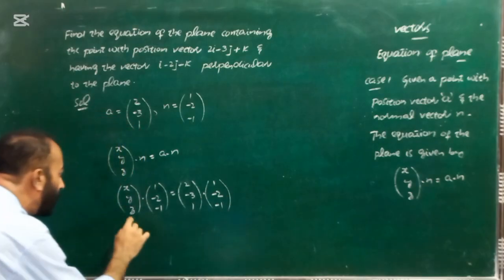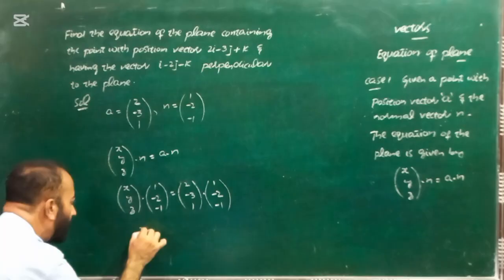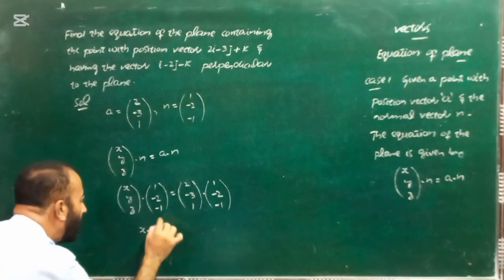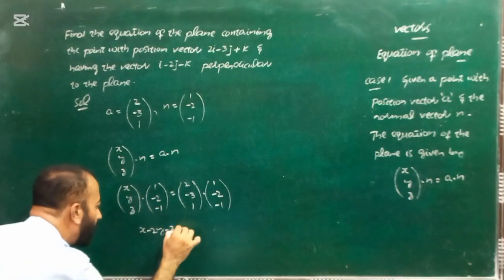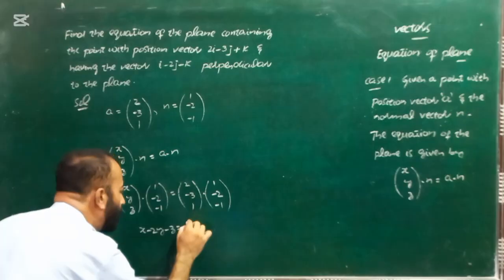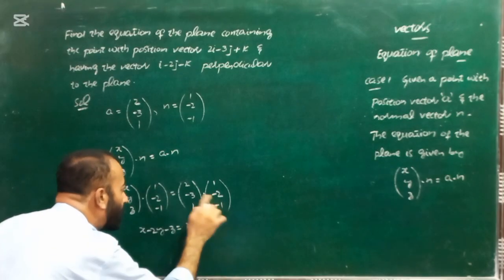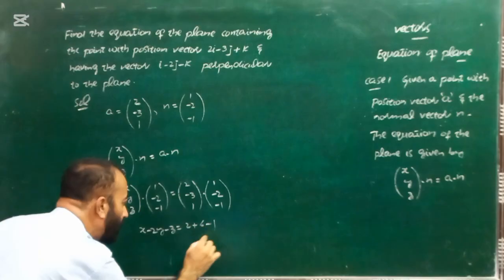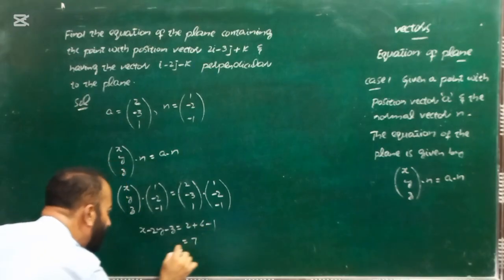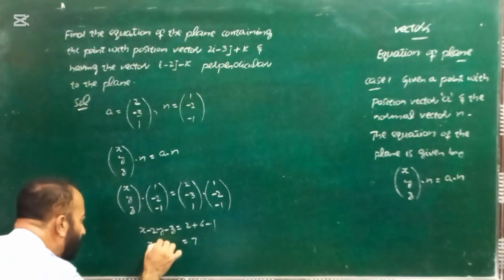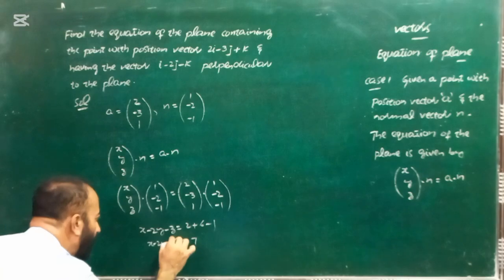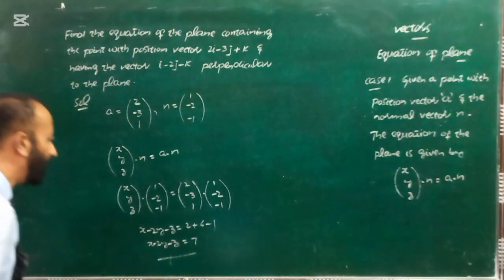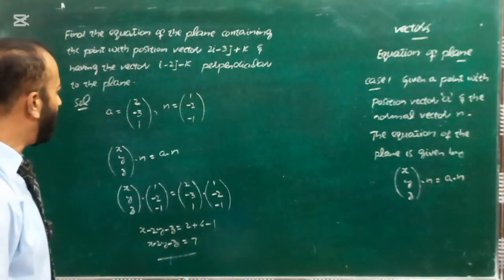Okay, now solving it, x minus 2y minus z will be equal to 2 plus 6 minus 1. So 8 minus 1 will be 7. So x minus 2y minus z is equal to 7. This is the equation of the plane.